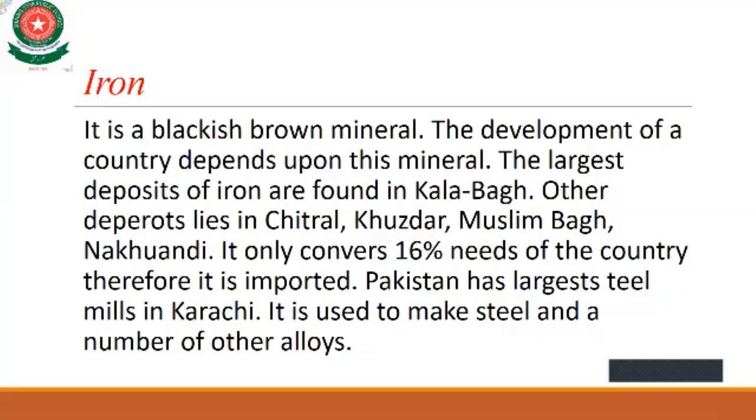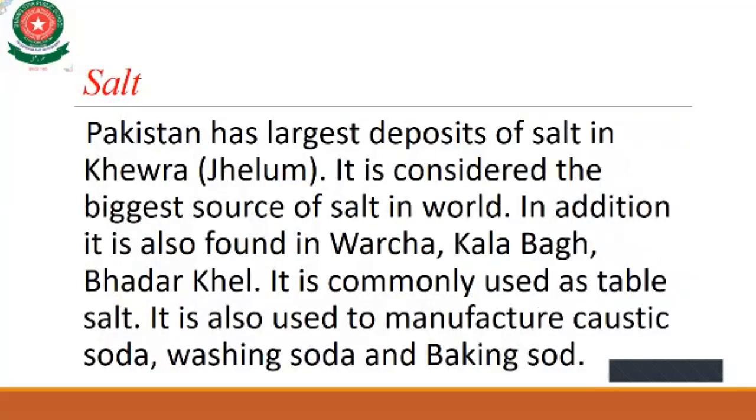Pakistan has the largest steel mills in Karachi. Iron is used to make steel and a number of other alloys. Salt. Pakistan has the largest deposit of salt in Kevra, in Jhelum. It is considered the biggest source of salt in the world.